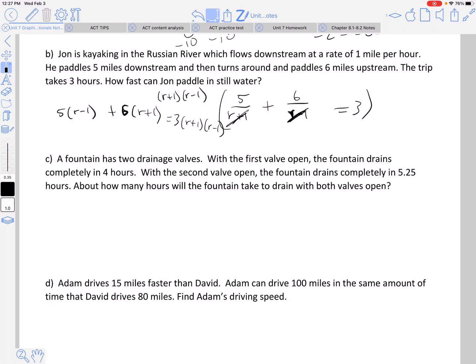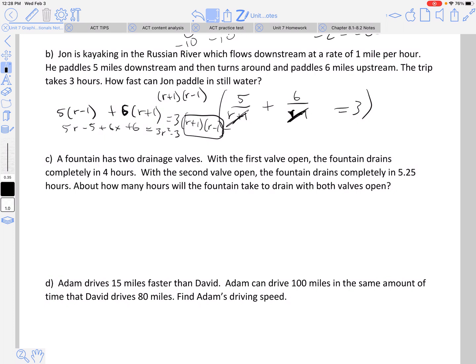And then I'm going to clean this one up. So I'll have 5r minus 5 plus 6r plus 6 equals, and then I'll multiply those. They are a difference of squares, so we'll get r squared minus 1. So I'll have 3r squared minus 3.